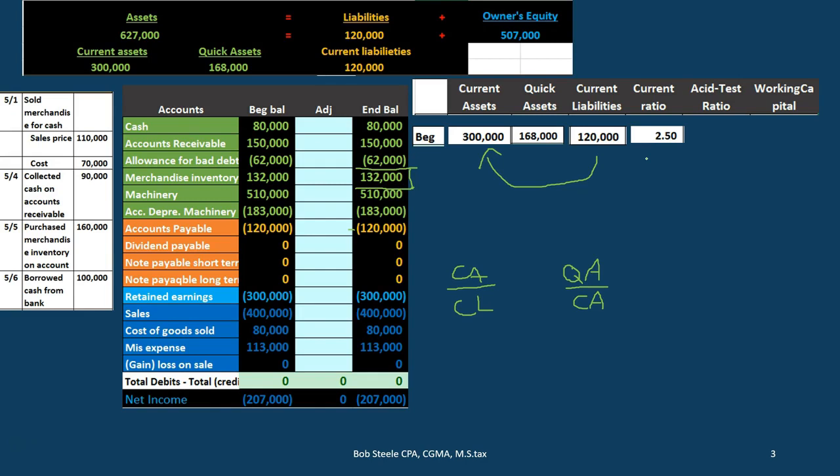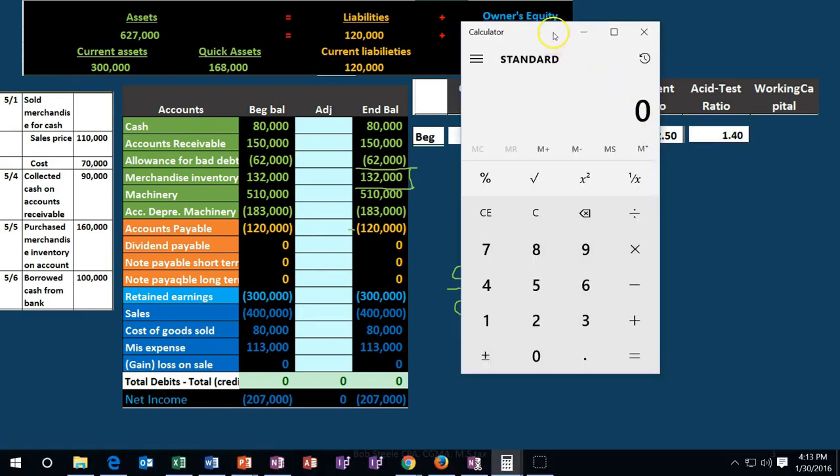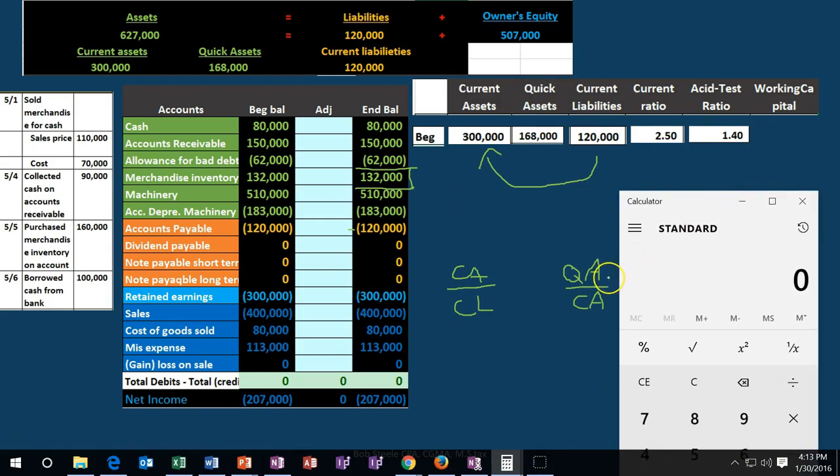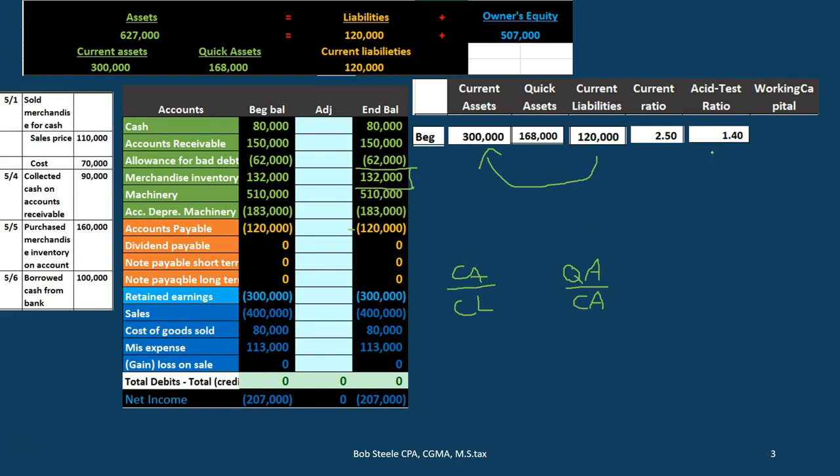So that seems good. Let's take a look at the acid test ratio, where we're going to take the quick assets, which of course are less because they're not included in the inventory, of 168,000 divided by the same current liabilities, 120,000, we get 1.4. More restricted number here, of course.